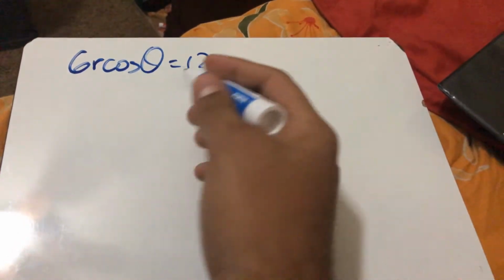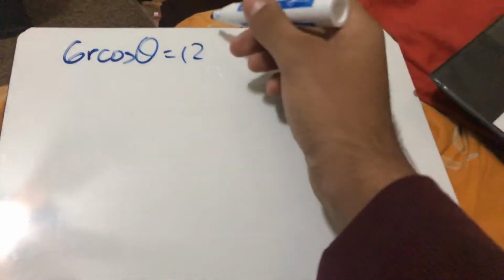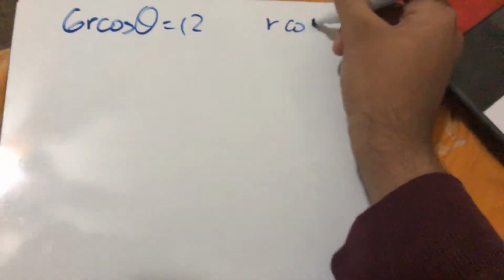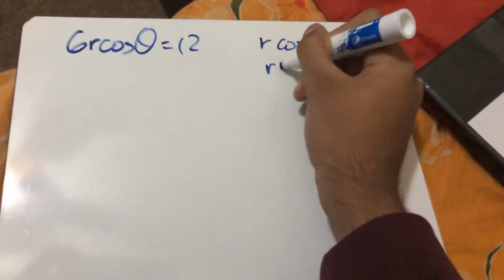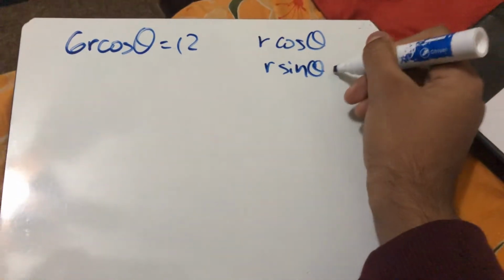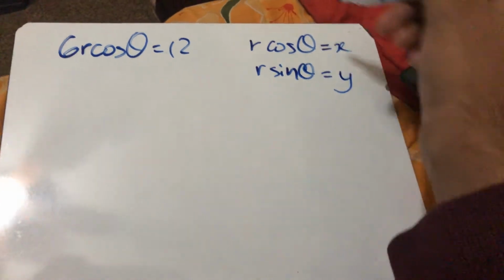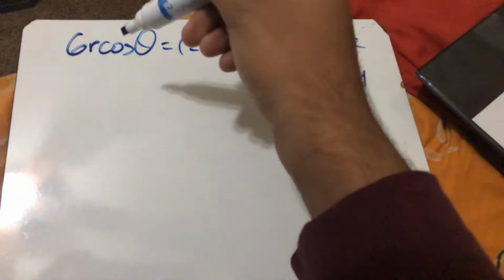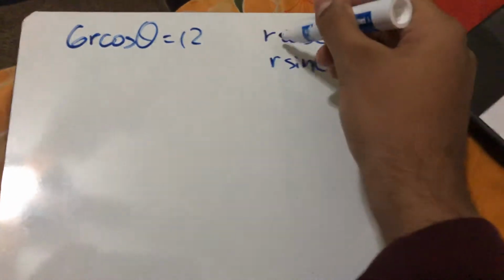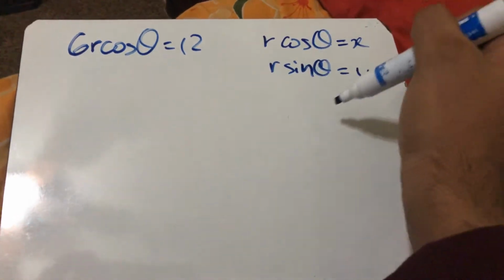But if we look at this, 6r cos theta equals 12, your ultimate goal in all of these problems is to write something as r cos theta or r sine theta, because we know that r sine theta equals y and r cos theta equals x. So if we can get our polar equations into any of these forms, that's going to be helpful for us.